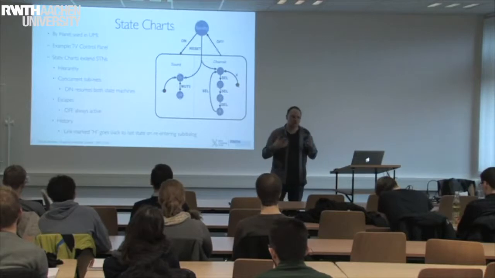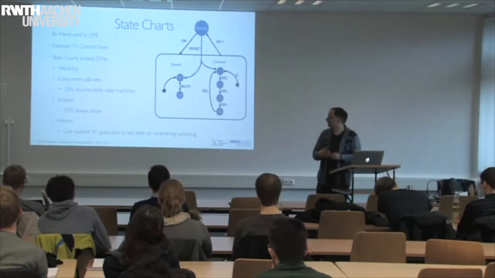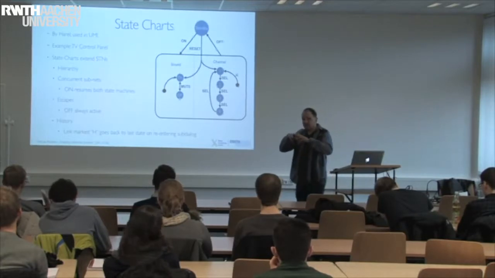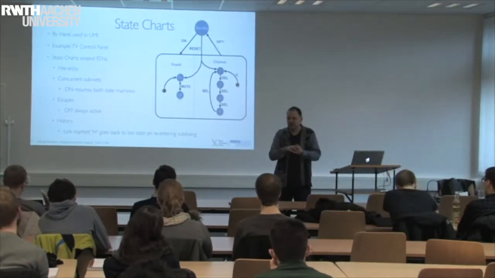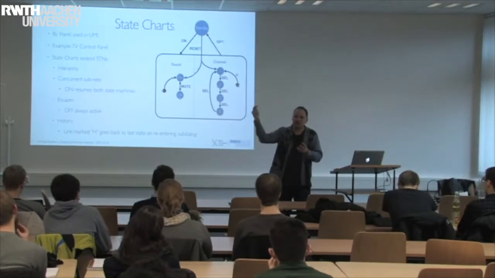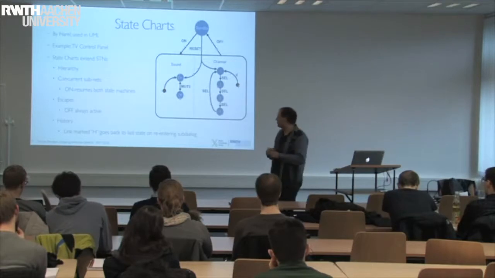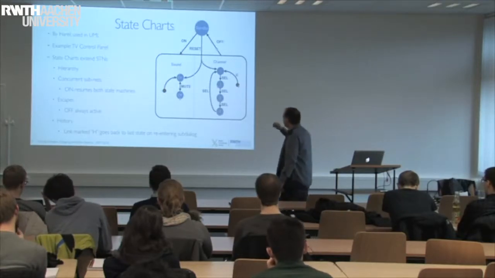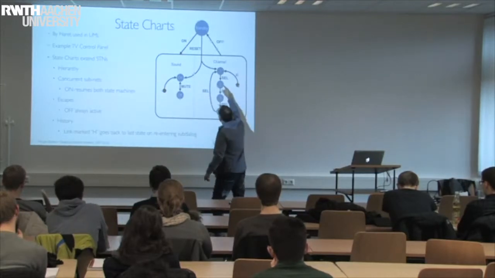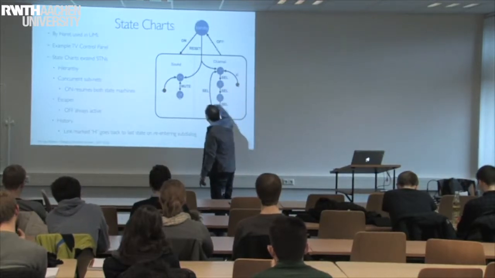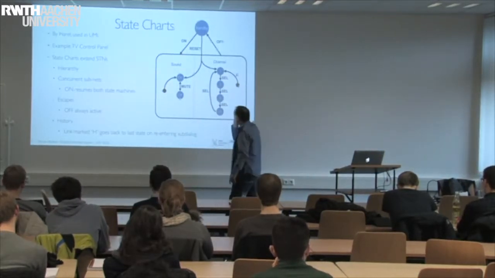It doesn't really increase the expressiveness of it, but it means that we can basically take a state chart, put it in a box, and then refer to that box as a whole and have arrows going in and out of that box. We see this here at work. There's this big box here that is built around this subnet, basically, of the state chart.